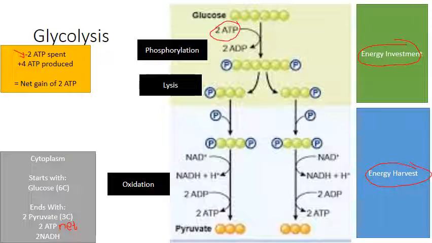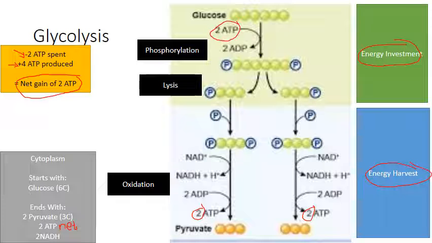All right, I made 1, 2, 3, 4. So I made 4 ATP. That gives me a net gain of 2. So I would say in general, when you're talking about glycolysis, try to be consistent with your wording in saying a net gain of 2 ATP, just so that the reader can be sure that you understand that you had to spend some and then you made some also.